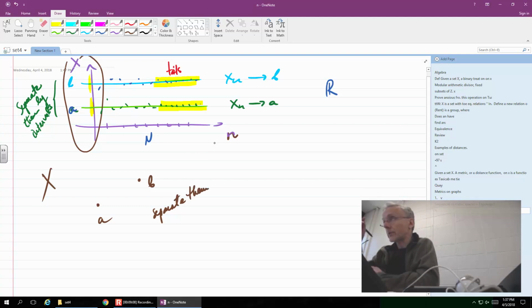The question becomes, considering that the space is abstract, what do you separate it by? And the answer comes from R2, and you separate them by disks.